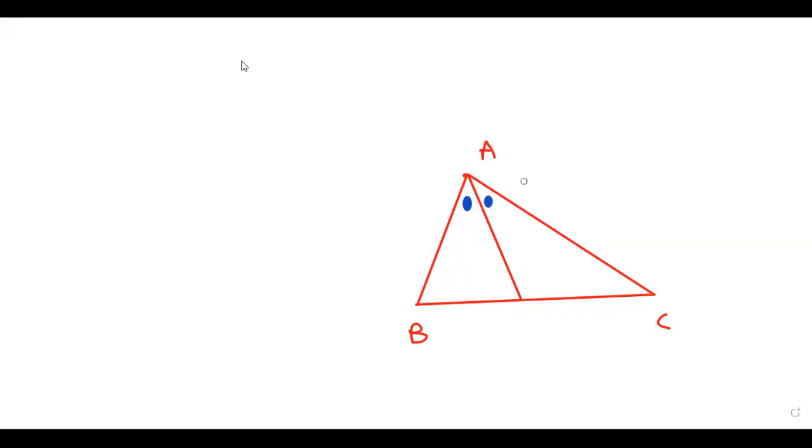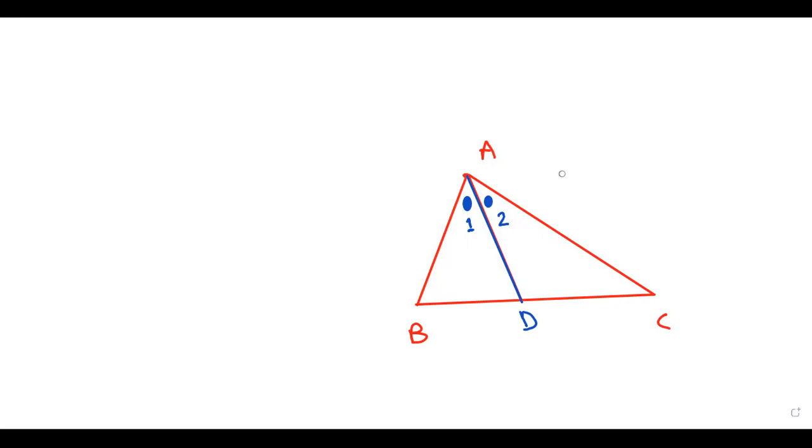Let's say this is angle 1, and this angle is called angle 2. So if AD is the angle bisector, the size of angle 1 is equal to the size of angle 2.